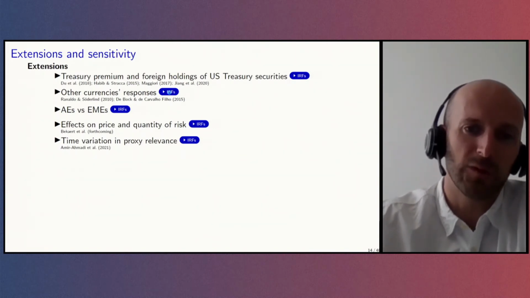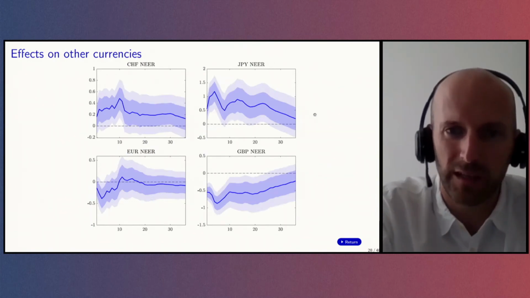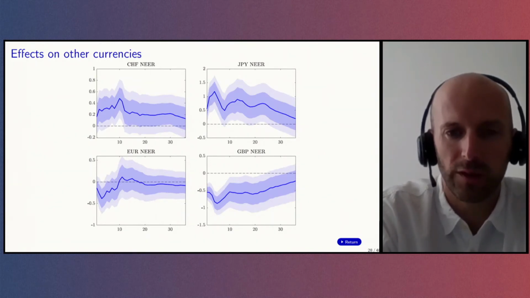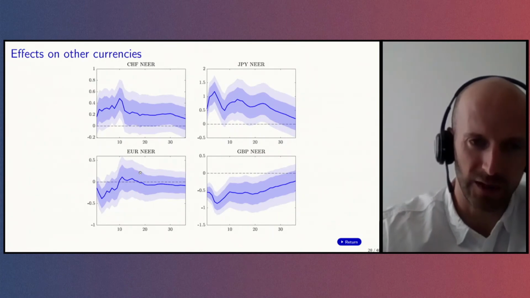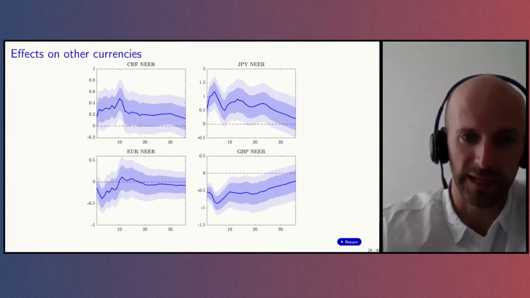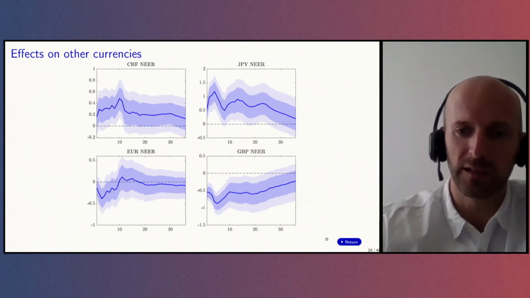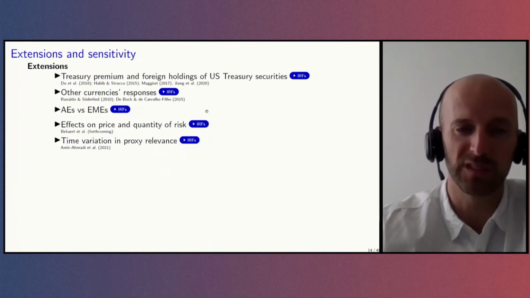And what we find is that indeed, in response to a global risk shock, the Swiss franc and the Japanese yen both appreciate alongside the dollar, while the euro exchange rate, made up of legacy currencies for the time period before 1999, and the British pound actually depreciate in response to global risk shocks. So again, this is consistent with what we would expect against the background of this literature on safe haven currencies versus non-safe haven currencies.